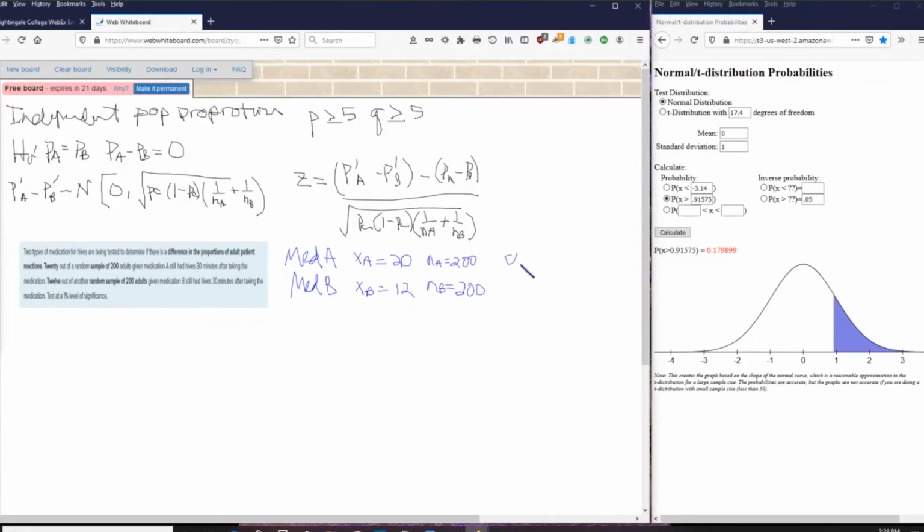We're given a significance level of 1%. That equals 0.01. That means we're having a confidence level of 99%. Our random variable, which is our P prime of A minus P prime of B, is going to be the difference in proportion of adult patients who did not react after 30 minutes to medication A and B. In other words, that they still had hives.